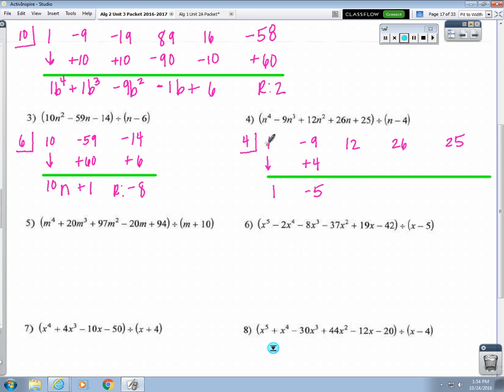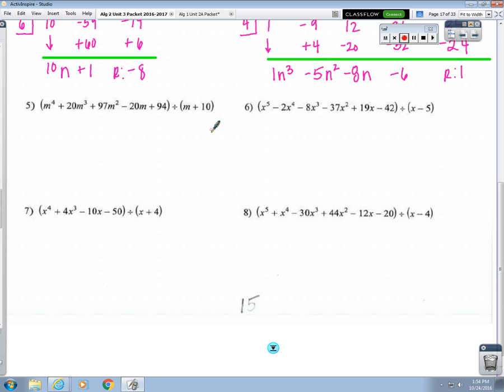Negative 5. Then it multiplies by the 4 to make a negative 20, and they combine to make a negative 8. Then it multiplies by the 4, and they combine, and then it multiplies by the 4 to make a negative 24, and then 1. That's a remainder of 1. So now, since my question starts out n to the 4th, I'll start my answer n cubed, then minus 5n squared, minus 8n, minus 6.